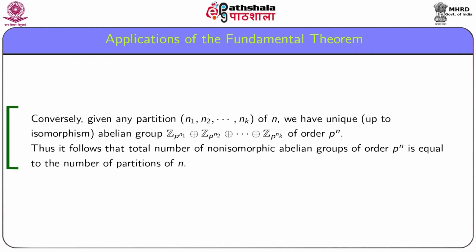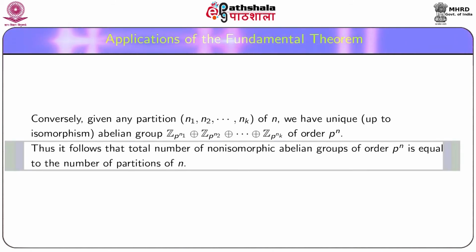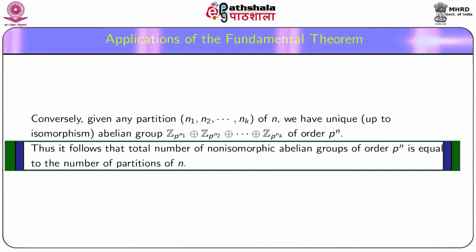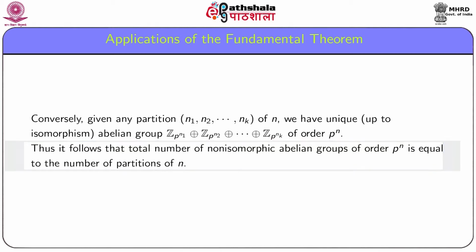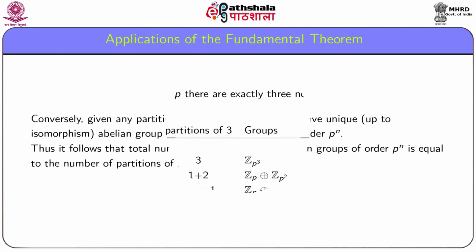Then we have a unique, up to isomorphism, abelian group Z p to the power n1 direct sum Z p to the power n2 direct sum so on direct sum Z p to the power nk, and the order of this group is p to the power n since n1, n2, nk is a partition of n. Thus, it follows that the total number of non-isomorphic abelian groups of order p to the power n is equal to the number of partitions of n.